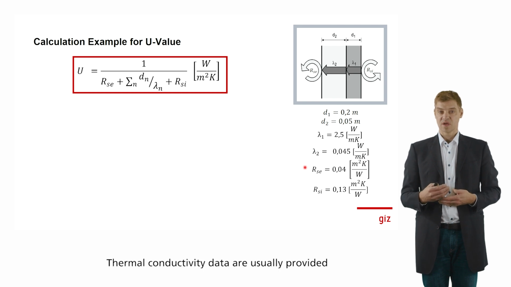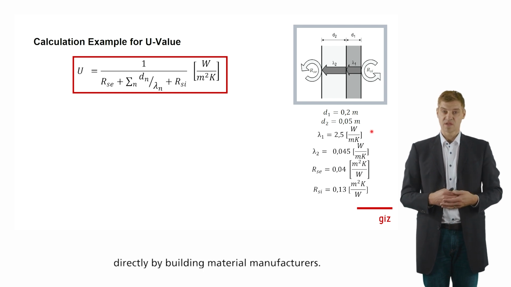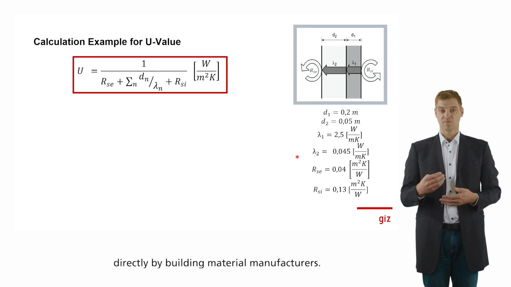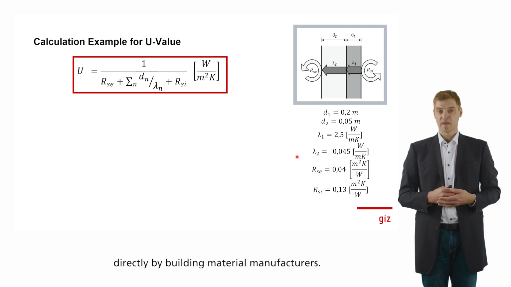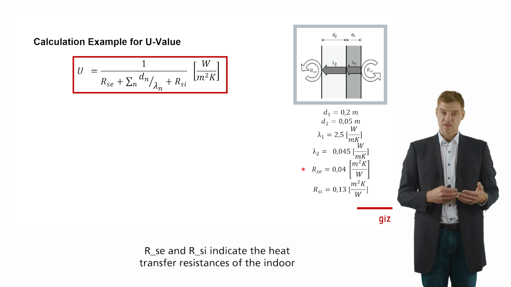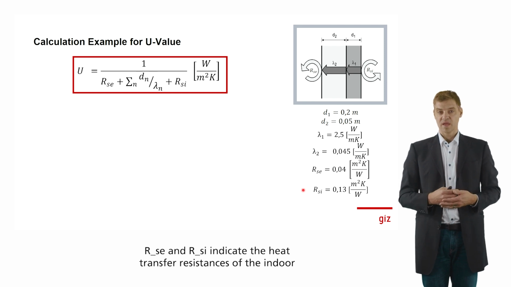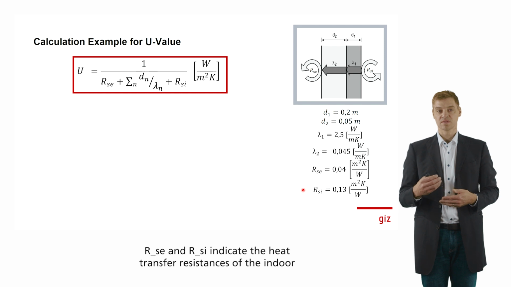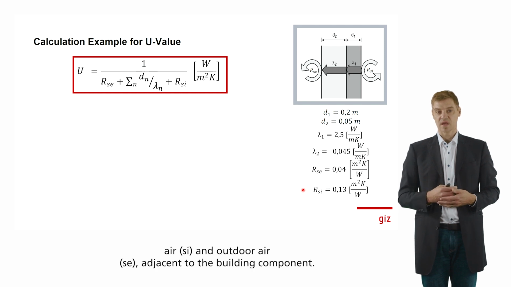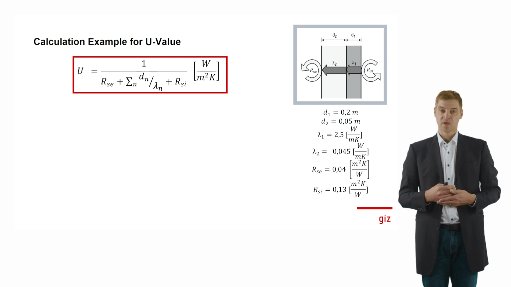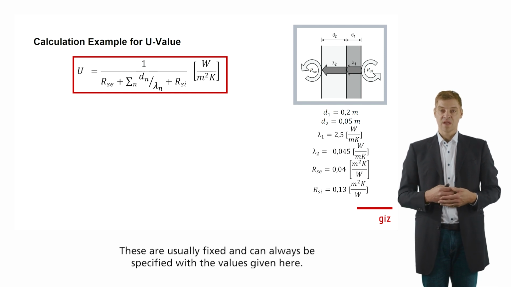Thermal conductivity data are usually provided directly by the building material manufacturers. Rsi and Rse indicate the heat transfer resistance of the indoor air side and outdoor air side adjacent to the building component. These are usually fixed and can always be specified with the values given here.